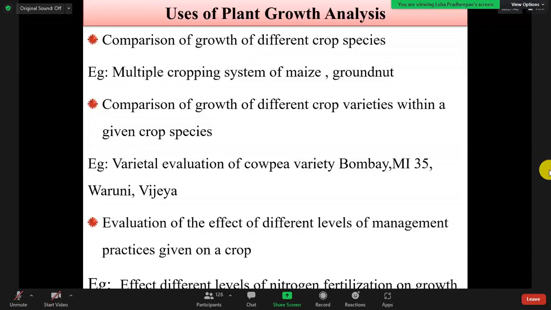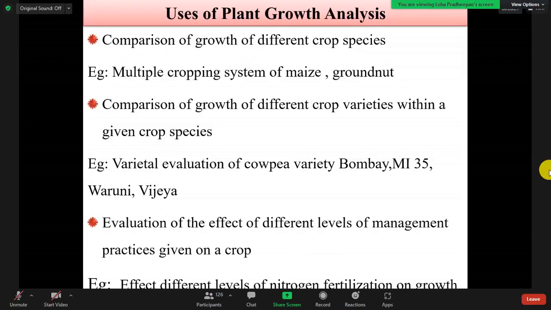In addition, evaluation of different levels of management that can be practiced for a crop can also be analyzed. If you want to grow the crop, we have to put the seeds and do the management practices. We have to apply fertilizer, water, even weed control, all the things, to obtain a better yield.